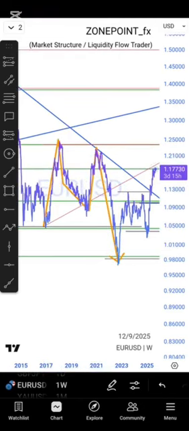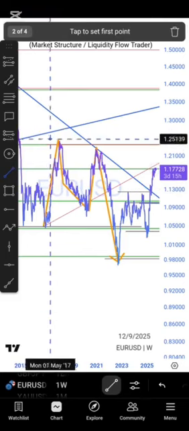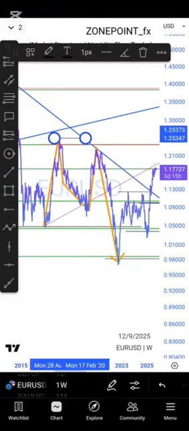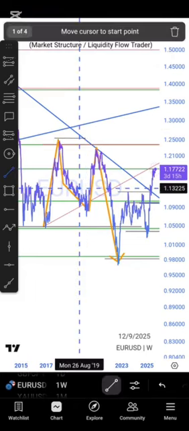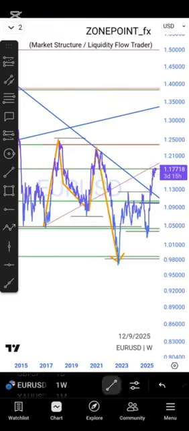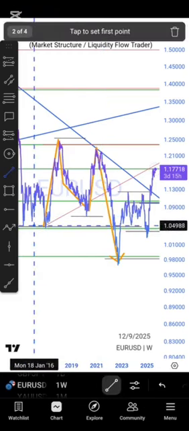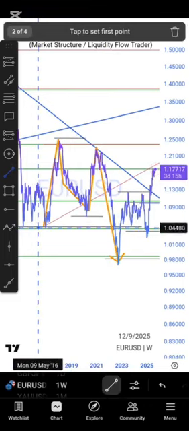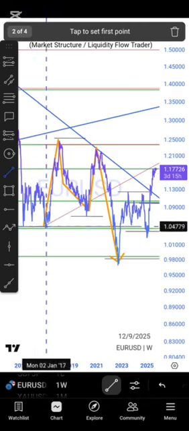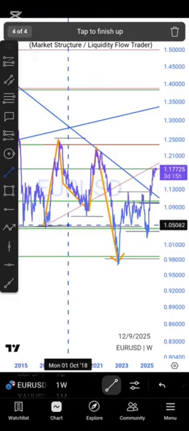So price took out the inducement and took out the last lower high, because this is a lower high that price refused to get to, but pulled back to create an inducement here. And price took out this lower, took out this higher low too.